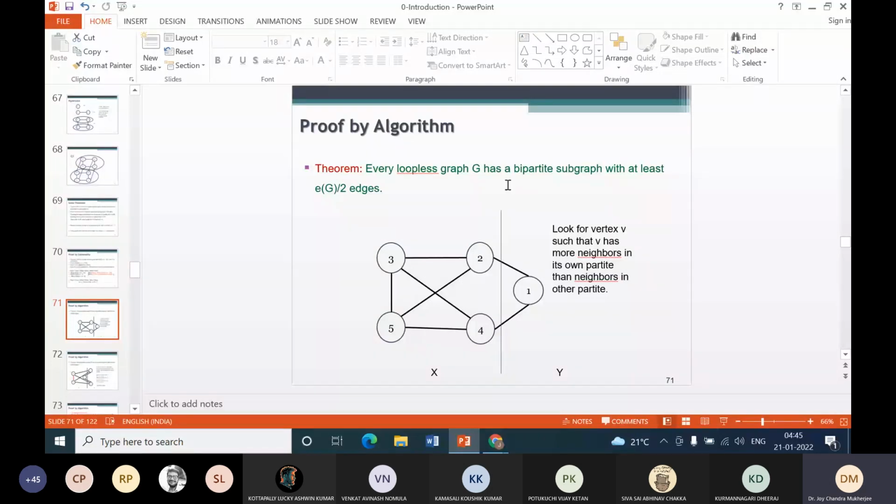Say this is X and this is Y. So vertex 1 is in partite Y, and vertices 2, 3, 4, 5 are in partite X. Now the algorithm goes like this: look for a vertex V such that V has more neighbors in its own partite than neighbors in the other partite.